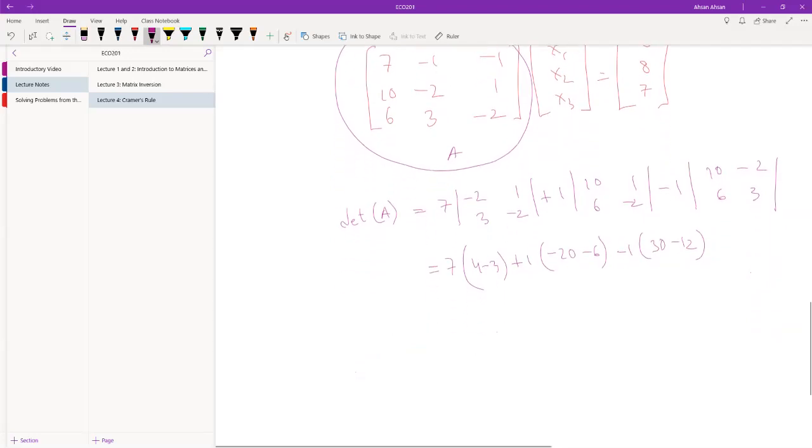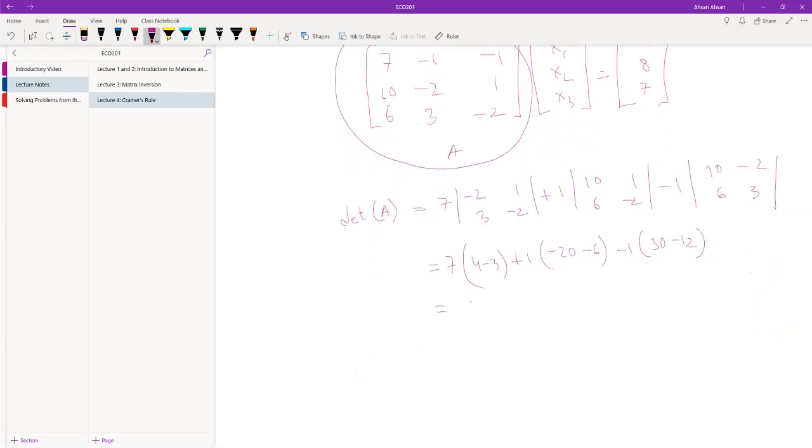Once again, I hope my calculation is correct. 7 minus 6 is 18. So how much do we get? 40. Let me just see if I have made a mistake. I have made a mistake, of course.